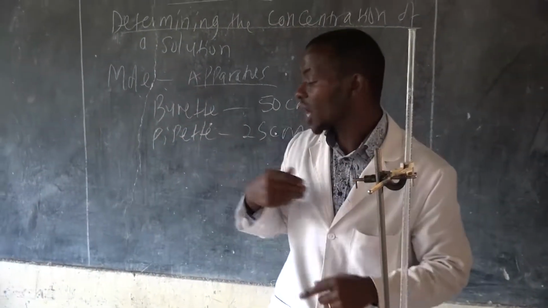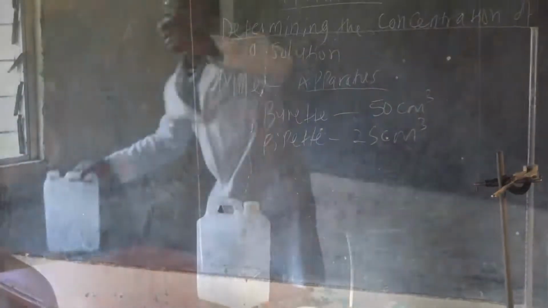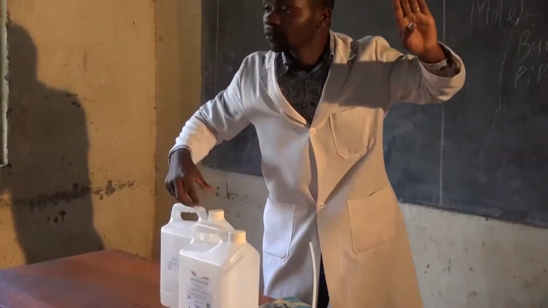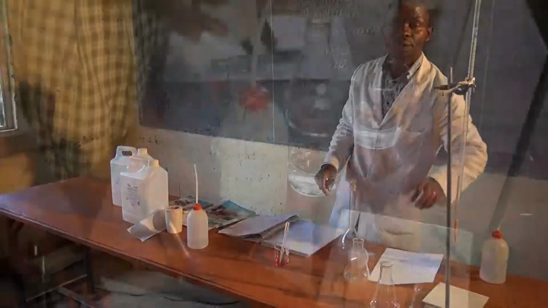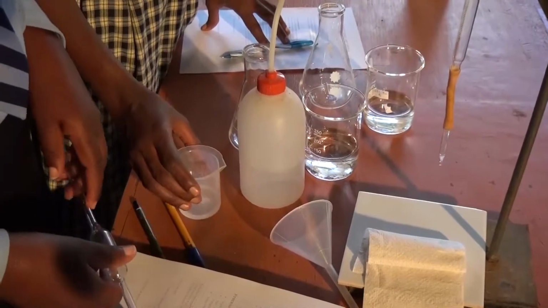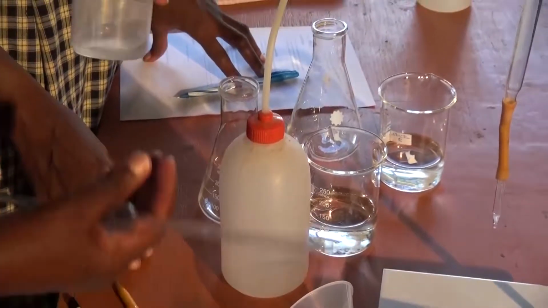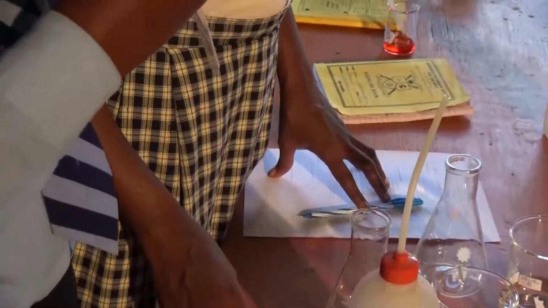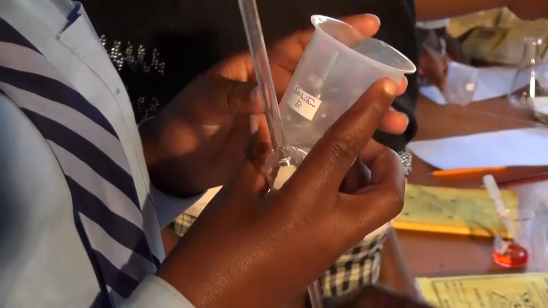The same, we have solution. We have a solution there. Solution B. Look on the table there. It is a solution. Can we see? Solution. Liquid. Name A. Another liquid. Name B. Can you carry A?